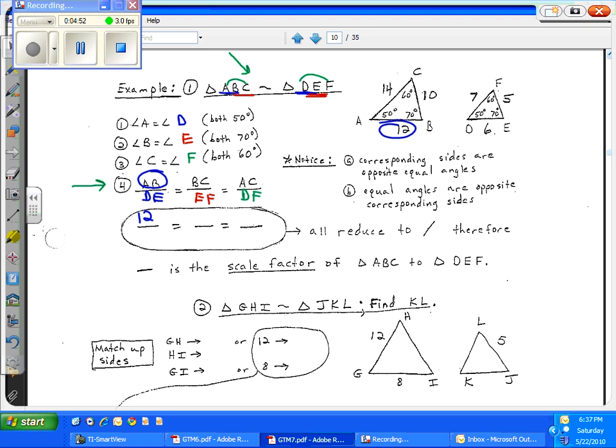So then DE is 6, and so we have 12 is to 6 as BC is 10, is to EF 5, as AC 14 is to DF, which is 7. Now you can see that they all reduce to 2 over 1.